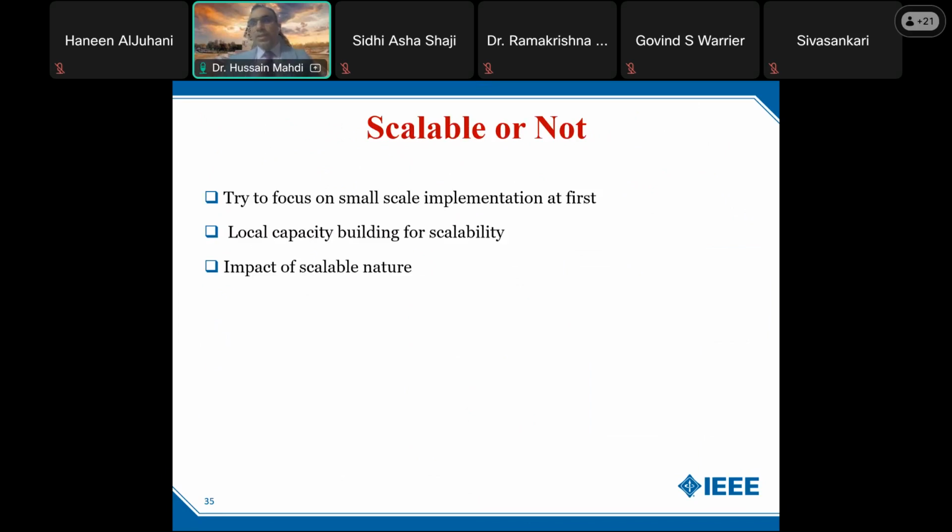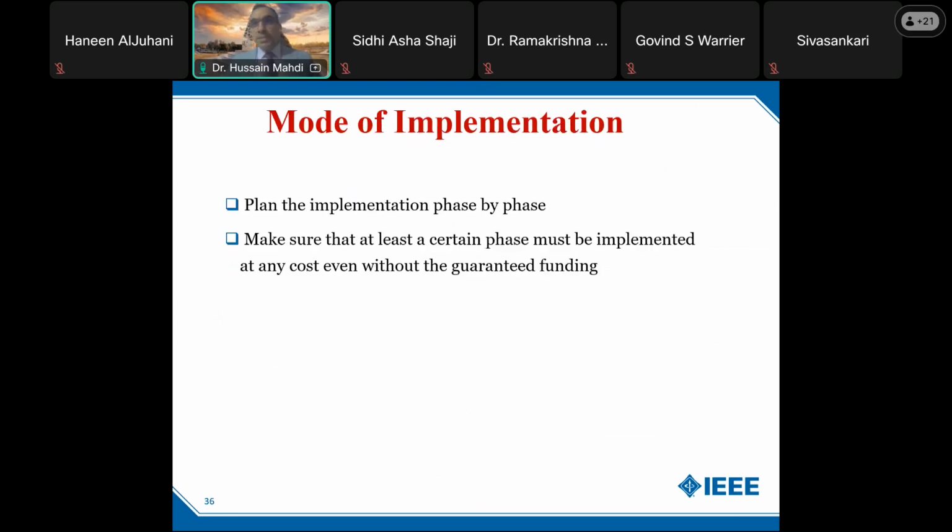After that, I can extend it to other people, other sections and other countries. Mode of your implementation: try to explain in detail how you're planning to implement your project phase by phase. And it is very important if you're doing phase 1 or phase 2 before asking for funds.